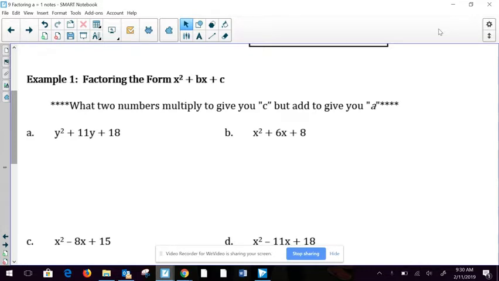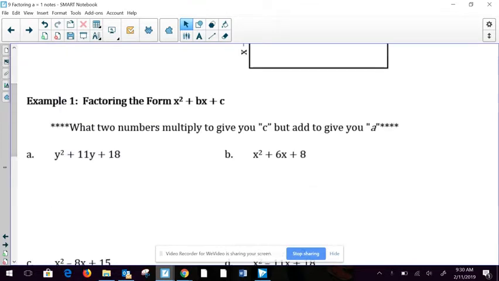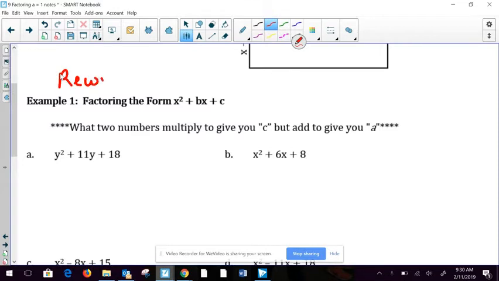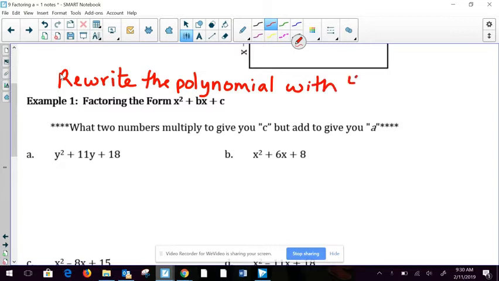So when we look at factoring, our whole goal here is we want to rewrite the polynomial with four terms, because then we can go ahead and group it up like we were doing a couple days ago.